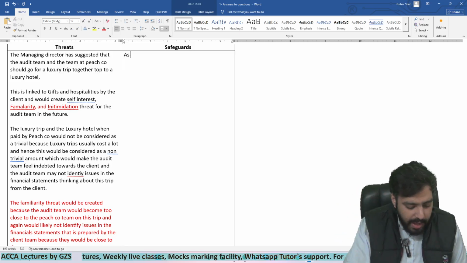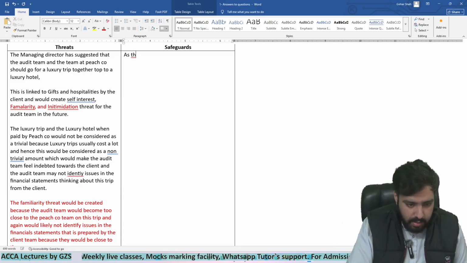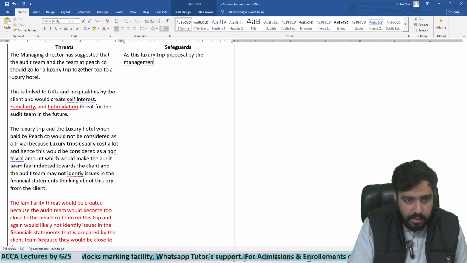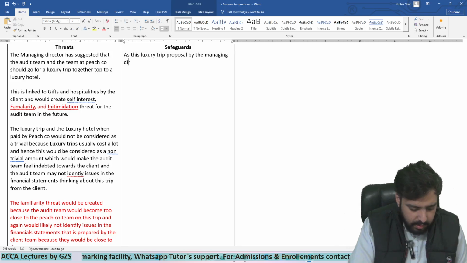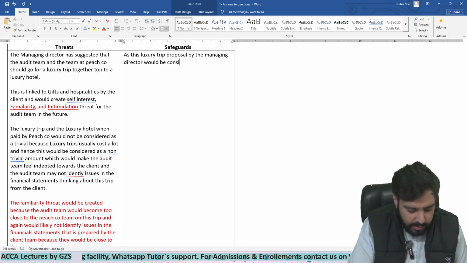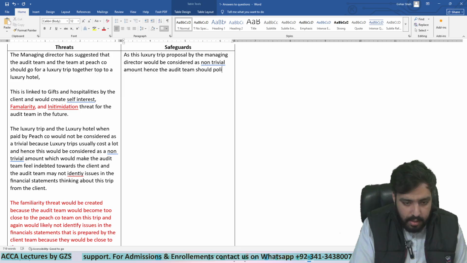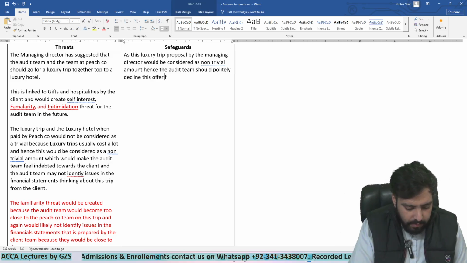Now, as this luxury trip proposal by the managing director would be considered as non-trivial amount, hence the audit team should politely decline this offer from the managing director. Now this is my answer.